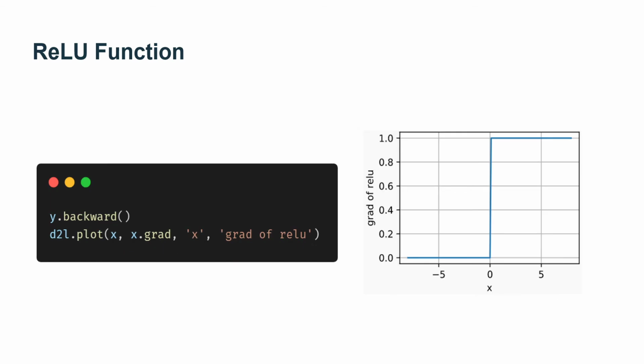Note that there are many variants of the ReLU function, such as the parameterized ReLU, or pReLU, by He et al. in 2015. This variation adds a linear term to ReLU, so some information still gets through, even when the argument is negative.